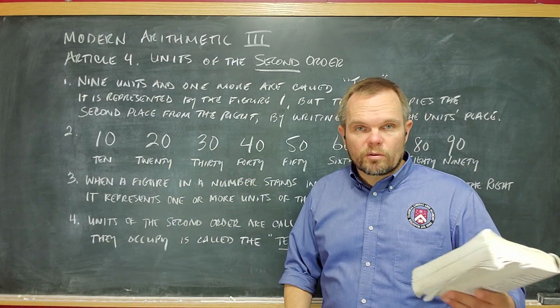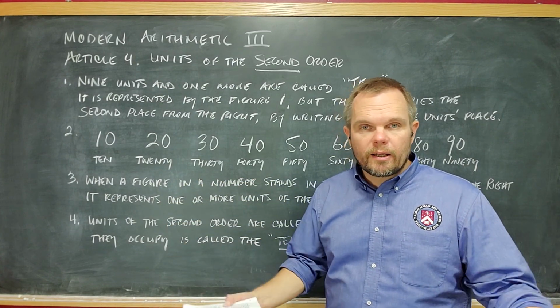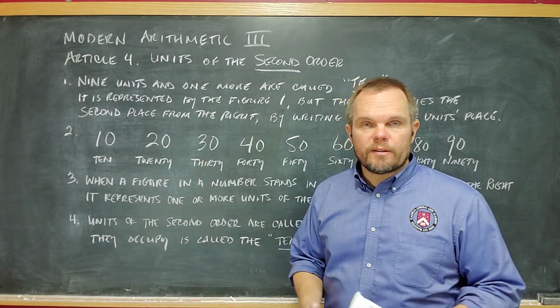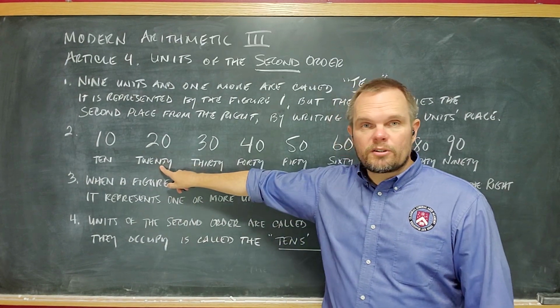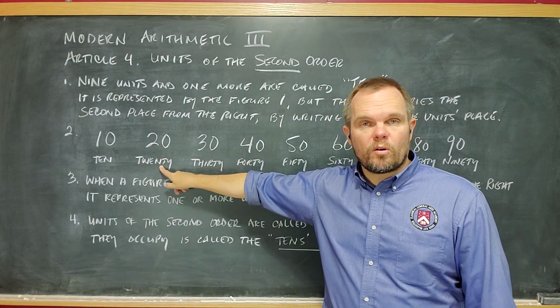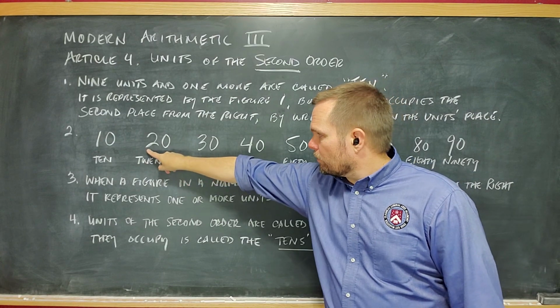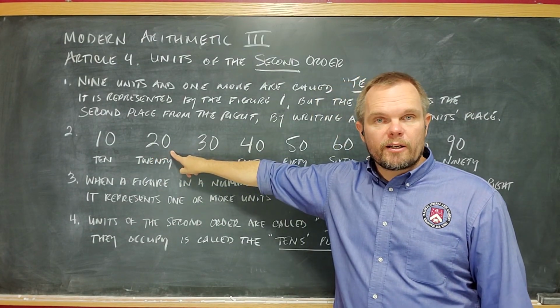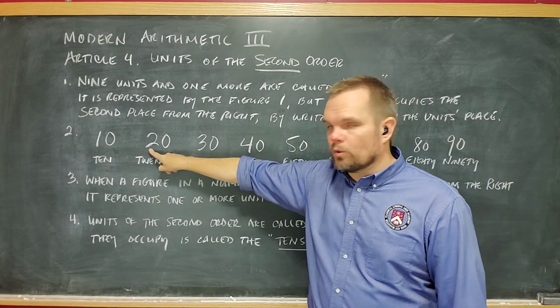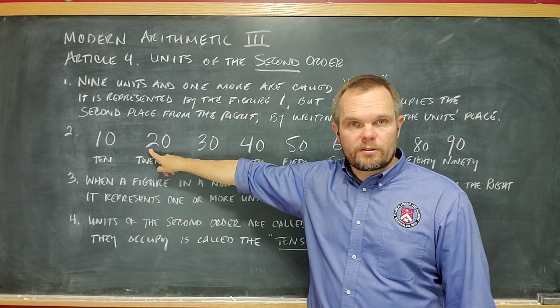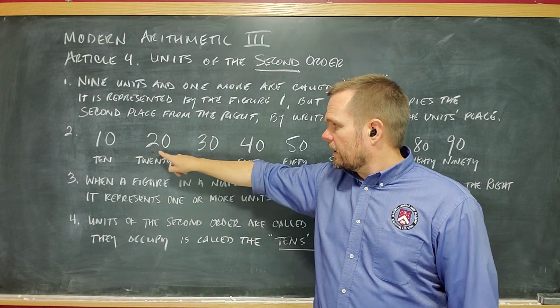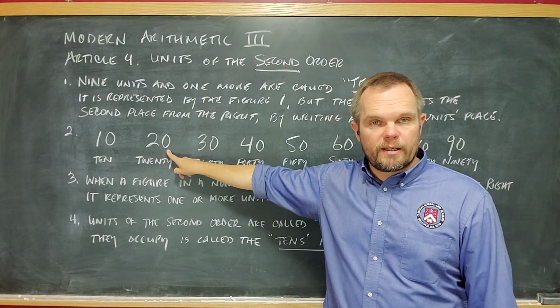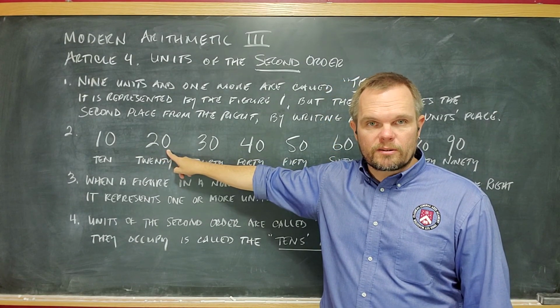In Spanish or French or Greek or Italian, the name would be different. In English, 2 tens are called 20, and we write them with this figure in Arabic notation. A 2 in the second place for 2 tens, and 0 in the first place for 0 units.